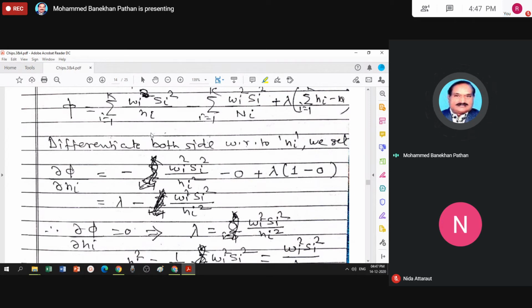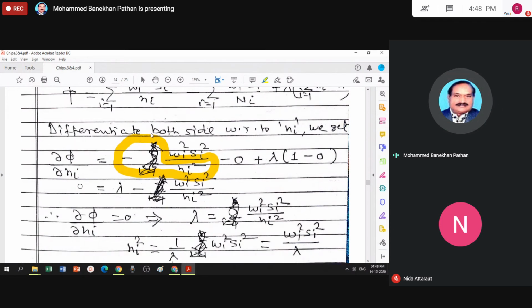Differentiation of n with ni is 0. Now here you can think of differentiation of a particular i, so the summation will be dropped. Wi square as it is, si square as it is, and differentiation of 1 upon Ni is minus 1 upon Ni square. It is to be remembered. This is the differentiation of 1 upon Ni with respect to Ni.